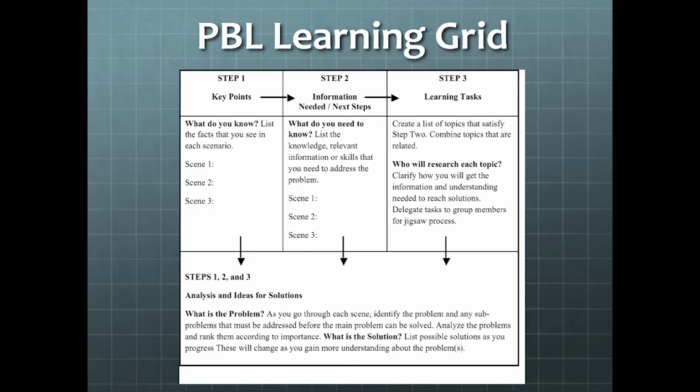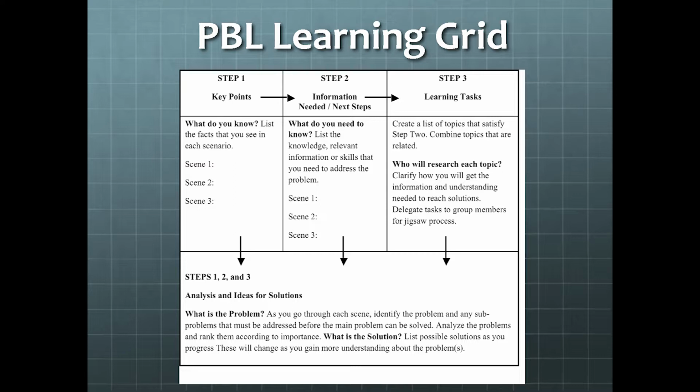So they approach the problem, the quarterback reads it to them, everybody sits there and listens to it, say in scene 1, and then they focus on what they know. They list just the facts under the key points on the PBL learning grid. This begins to stretch down and down as you type into it, but what you get is a listing of key facts that appear in that scene.